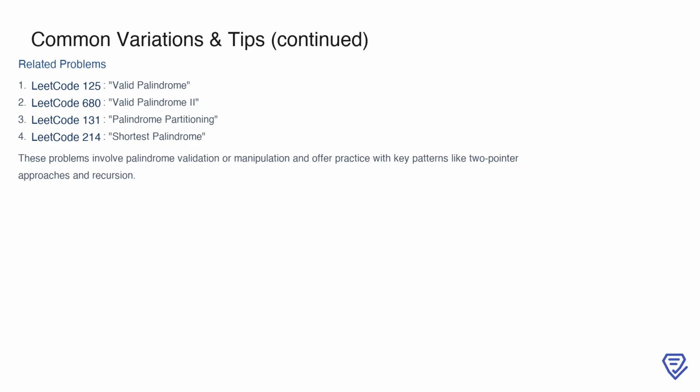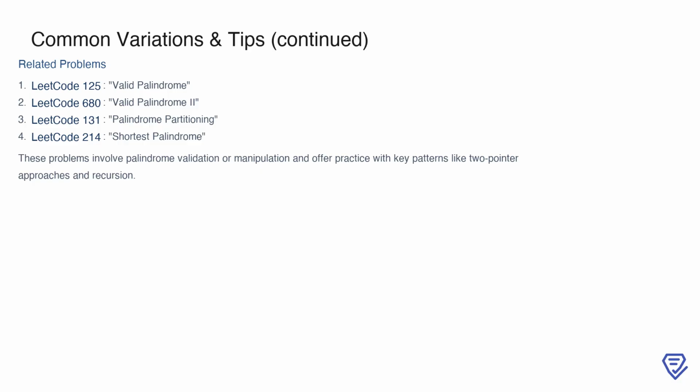Several related problems can help reinforce your understanding of palindrome patterns. For example, LeetCode 125, Valid Palindrome, focuses on simple palindrome validation, while LeetCode 680, Valid Palindrome 2, involves checking palindromes with one character removal. LeetCode 131, Palindrome Partitioning, explores splitting strings into multiple palindromes, which introduces recursive strategies.